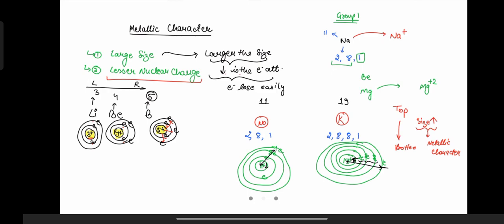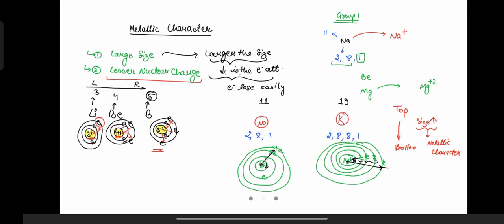While in this case, the attractive force is lesser. Why? Because there is only plus 3 charge, while in this case there is plus 4, which is more than plus 3, and hence there is a greater attractive force on these electrons in comparison to that one, right? And hence it is increasing more in the third case, and so on, it will keep increasing.